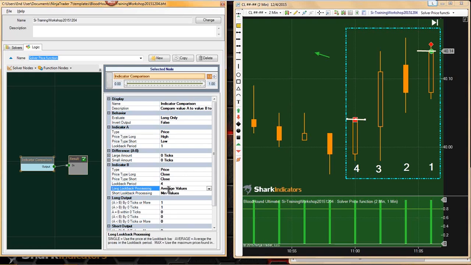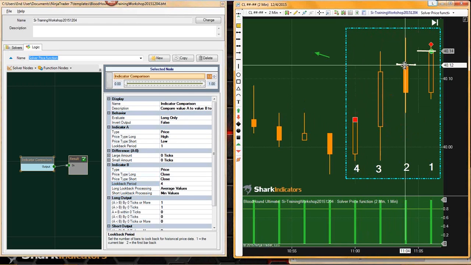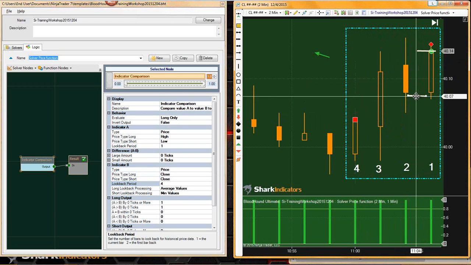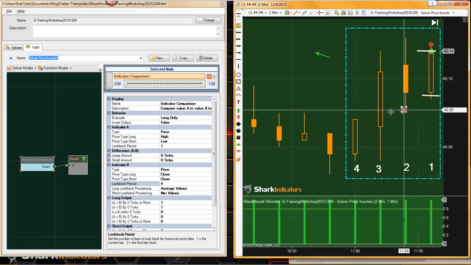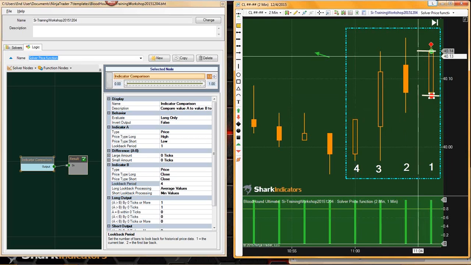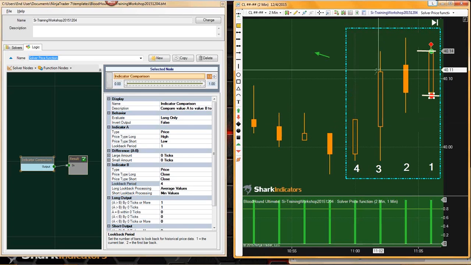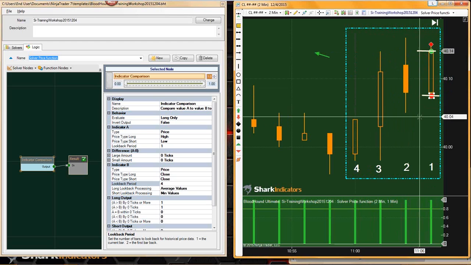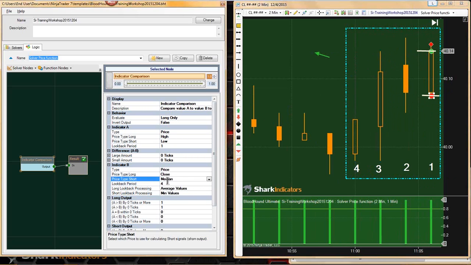The SMA just calculates the average of whatever price data you put into it. So I'm kind of guessing here, looking at the closing prices. I'm guessing the average closing price would be somewhere around there, just eyeballing all 4 closing prices of these bars.